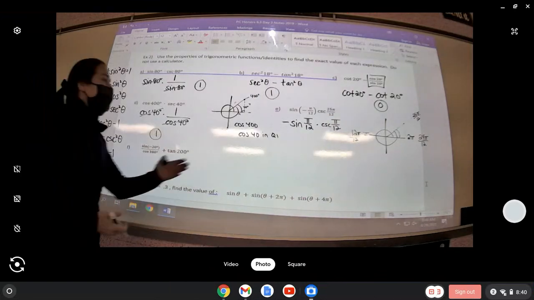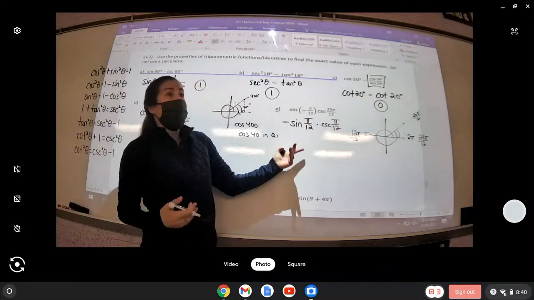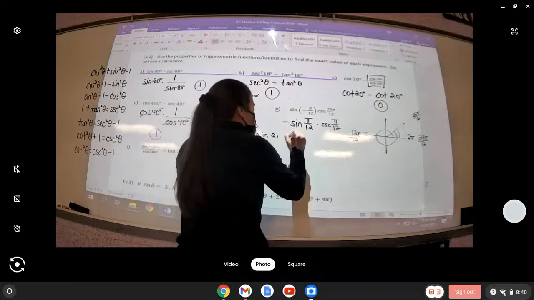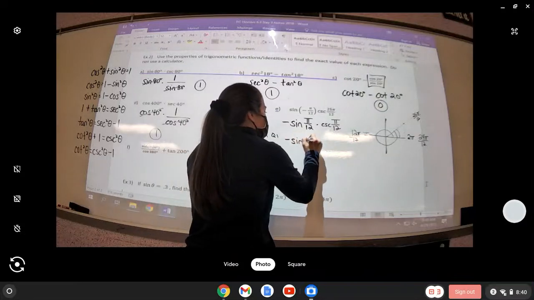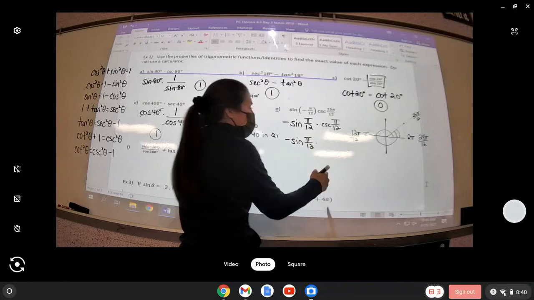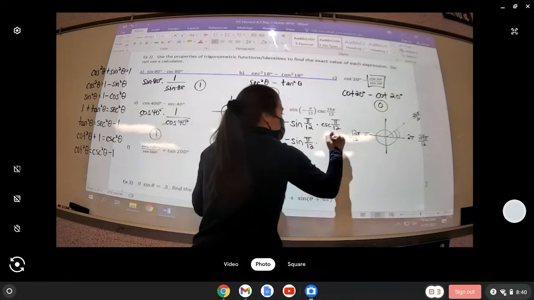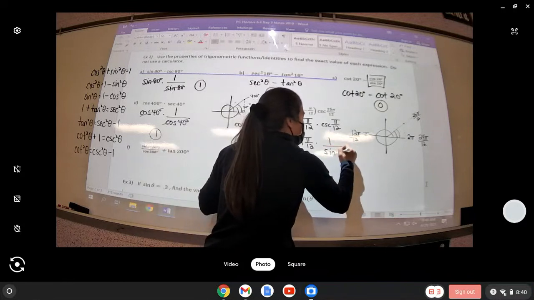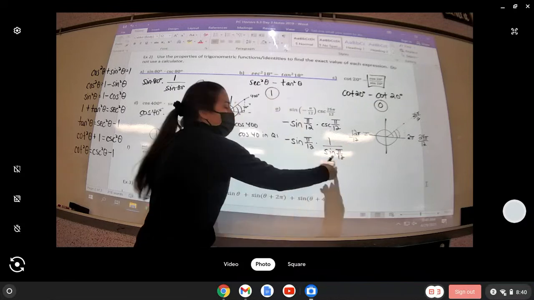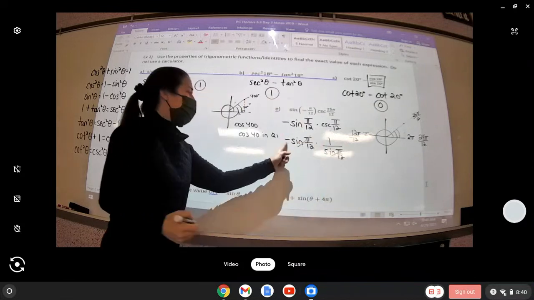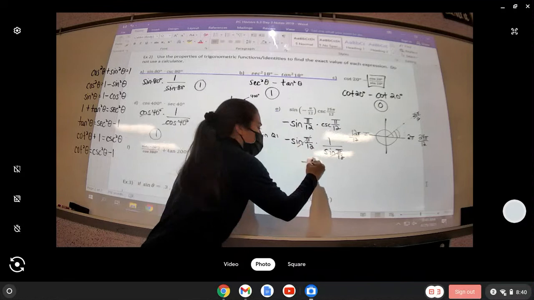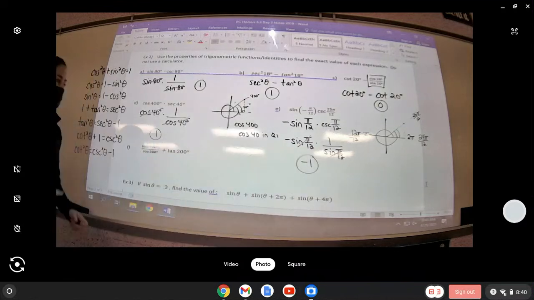Now you can rewrite cosecant. You can even write this as 1 over sine, whatever you want to do. I'm going to leave it as the opposite of sine pi over 12 times 1 over the sine of pi over 12. And now they're going to cancel, and you're just left with negative times 1, which is negative 1.